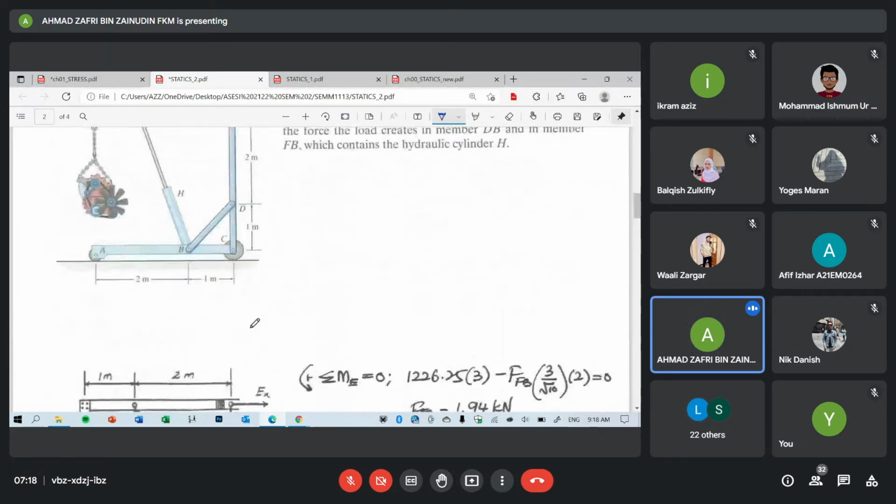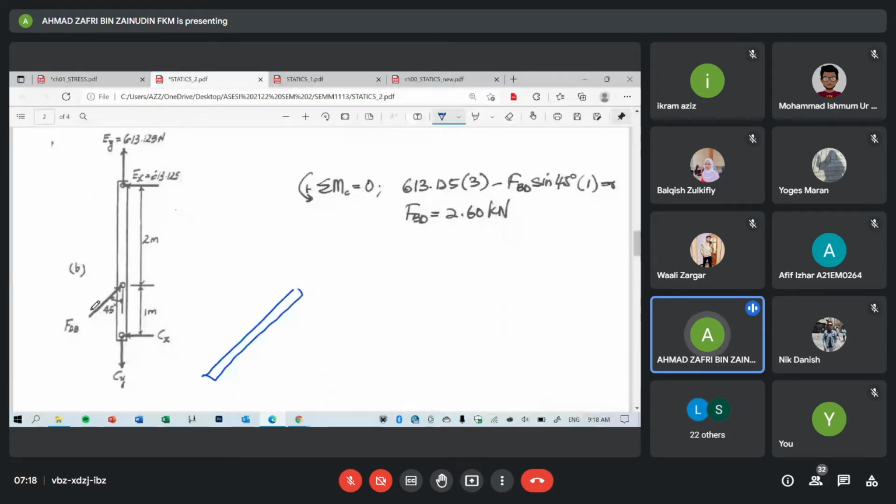So it must be opposite here. FDB and FBD are the same. This is in this direction, and then for BD it is opposite. And then we have over here the other side, which is the reaction, FBD.